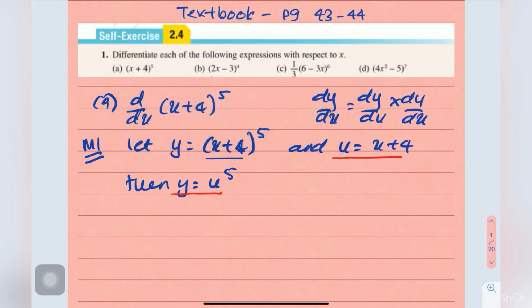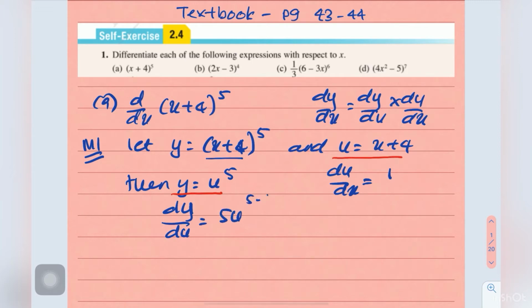U in terms of x, we differentiate, we get du/dx equals 1. Y in terms of u, we have dy/du equals 5u power of 5 minus 1, so dy/du equals 5u power of 4.